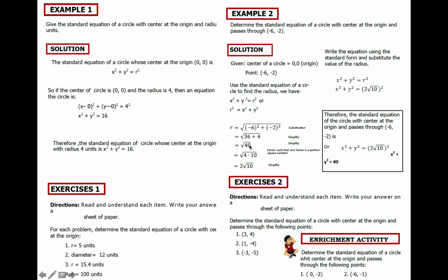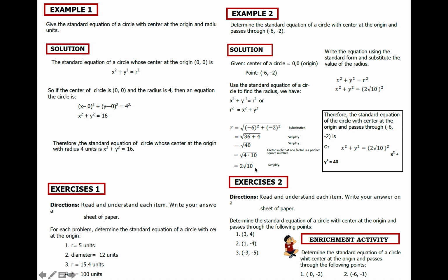The square root of 40, by factoring a perfect square from 40, gives the square root of 4 times the square root of 10, which is 2 square root of 10. The 2 comes from the square root of 4. Therefore, the length of the radius of this circle is 2 square root of 10.